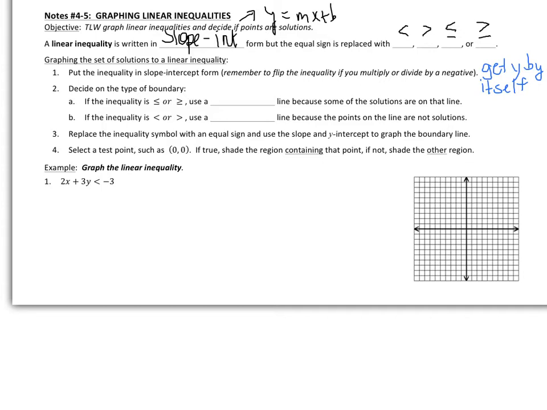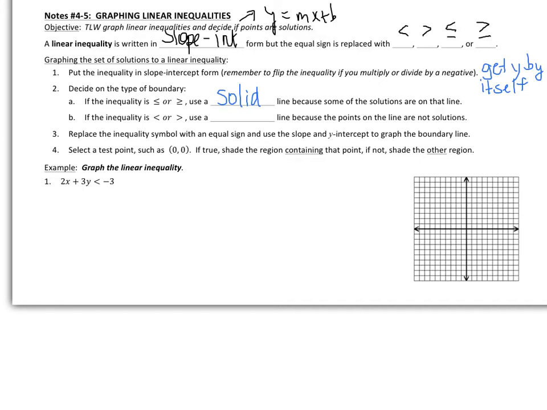If the inequality is less than or equal to or greater than or equal to, they have the line under it. So you're going to use a solid line because some of the solutions are on that line.